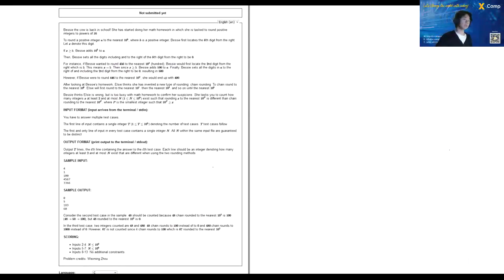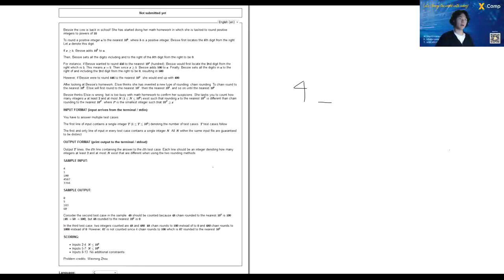But if we consider numbers in the 40s, anything in the 40s is normally supposed to round down if we round directly. But if we do chain rounding, there's a way to round this 40 to a 50.